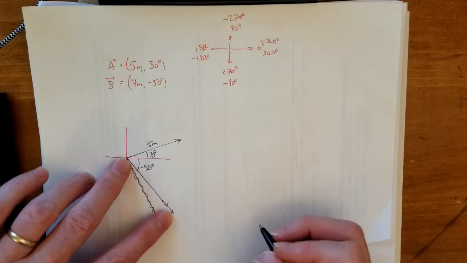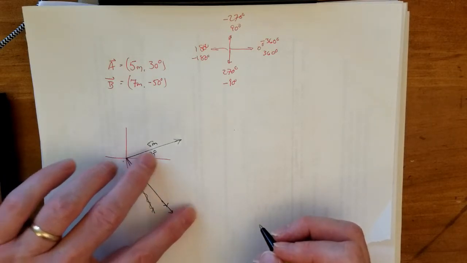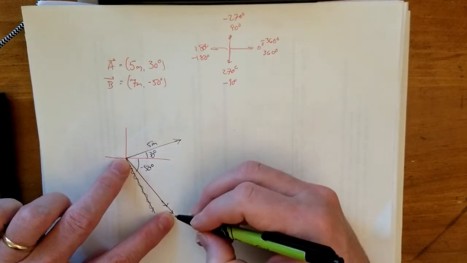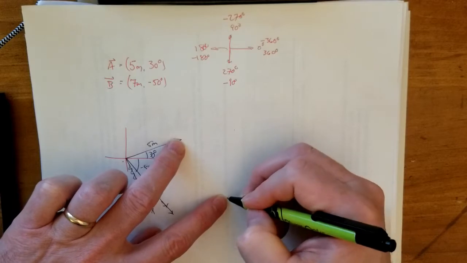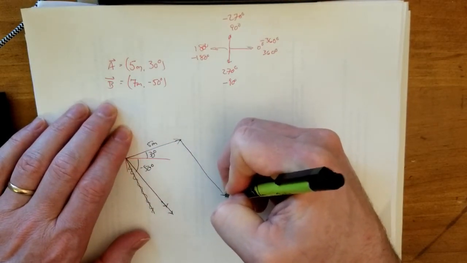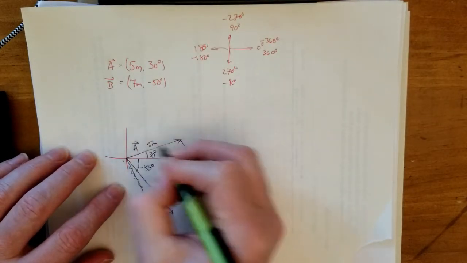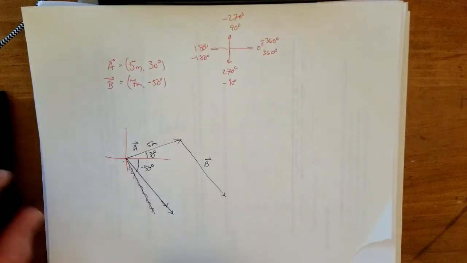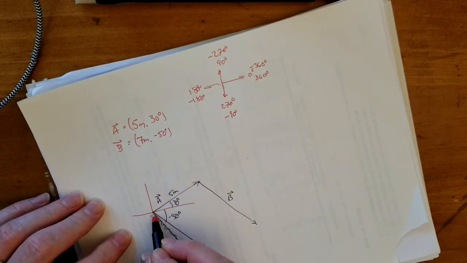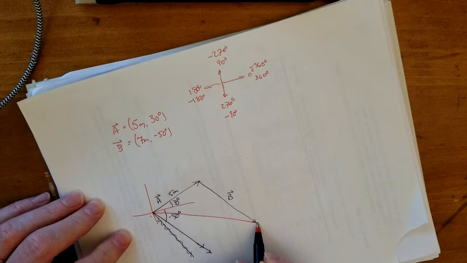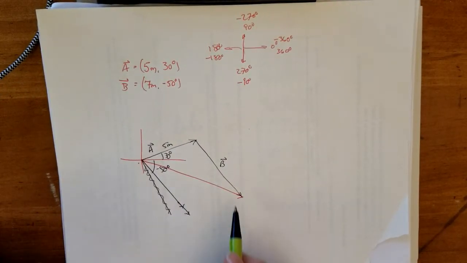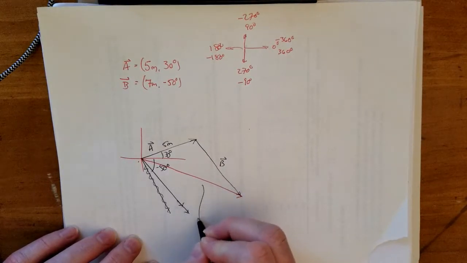And so if I add them graphically, it doesn't matter which one I start. So this is my A, and this is B. My resultant should be from where I started to where I ended. And we can come up with a crude idea of what our resultant is here.